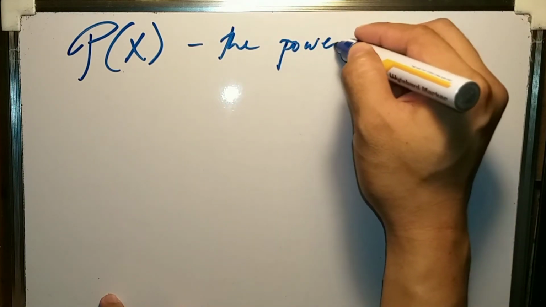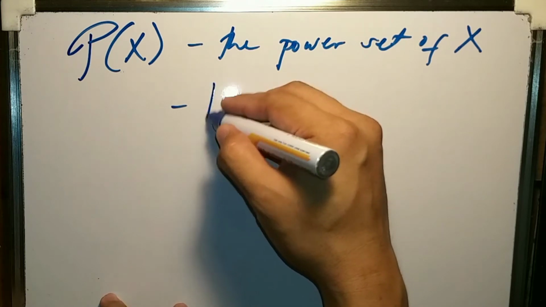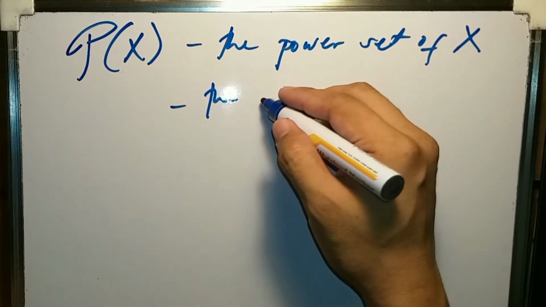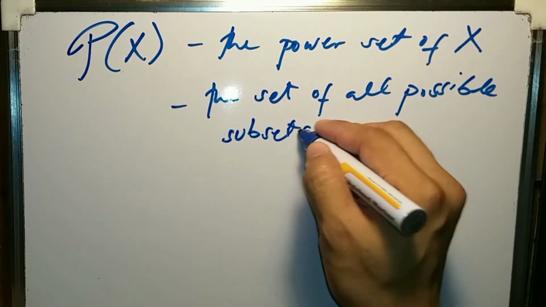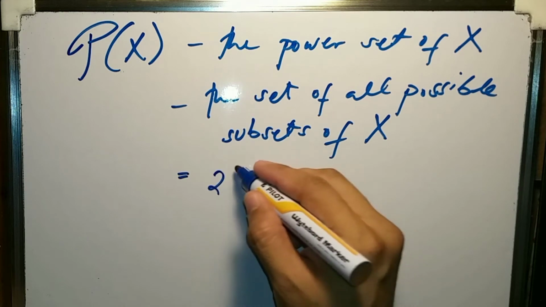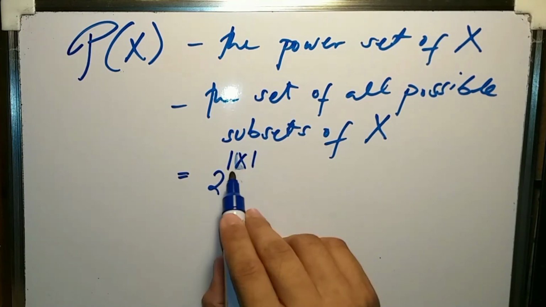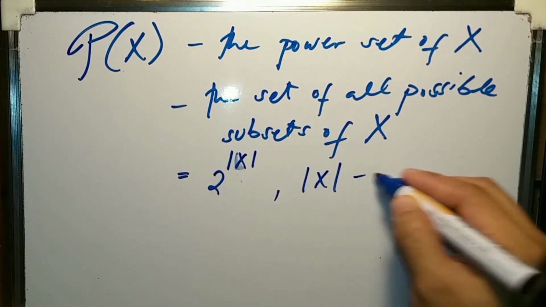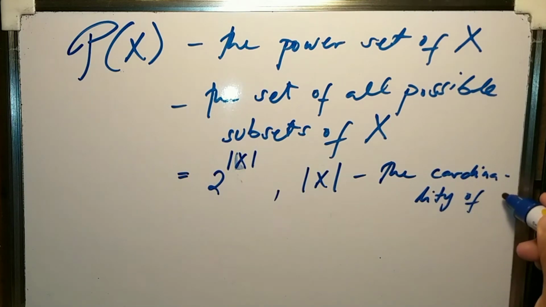So the power set of the set X means that it is the set of all possible subsets of X. Now, to determine the number of all possible subsets of X, it is simply 2 to the absolute value of X, where the absolute value of X is the cardinality of the set X. Cardinality meaning the number of elements in a given set.